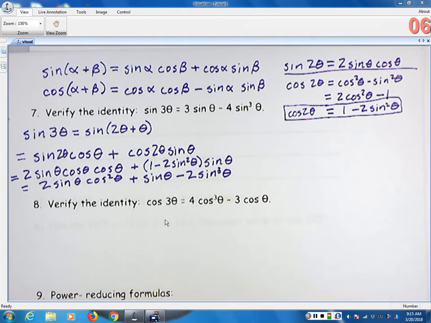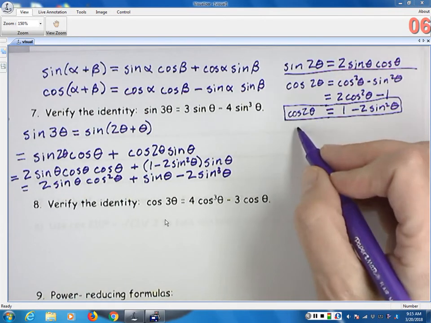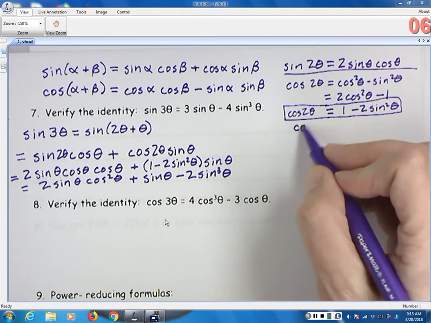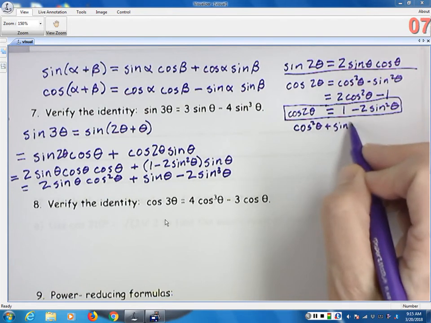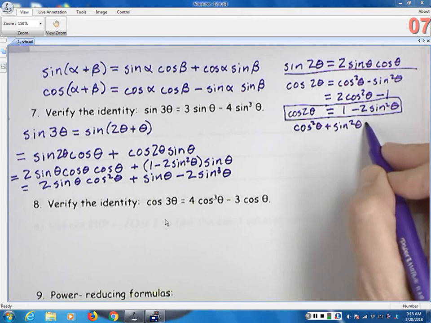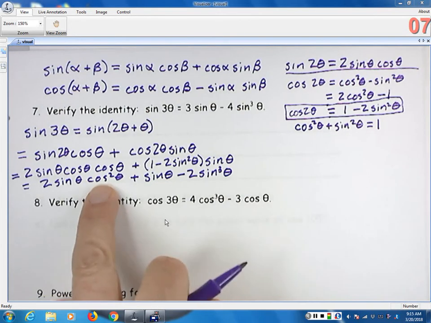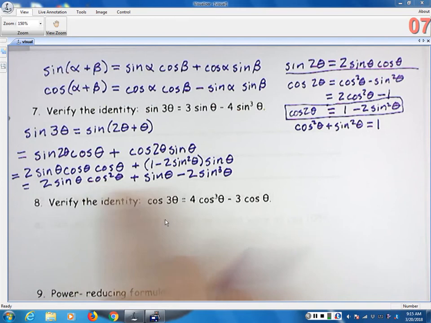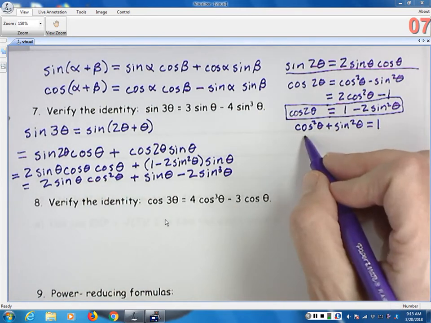Cosine squared does not equal this. This is cosine 2 theta. Cosine squared plus sine squared equals 1. These are all the identities over here that I'm using. So I'm going to replace cosine squared theta with, I'm going to solve this for cosine squared, subtract your sine squared.